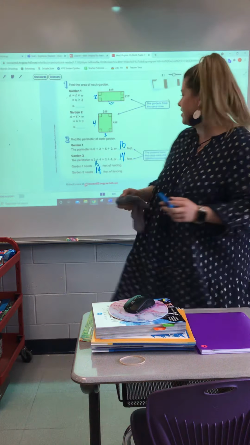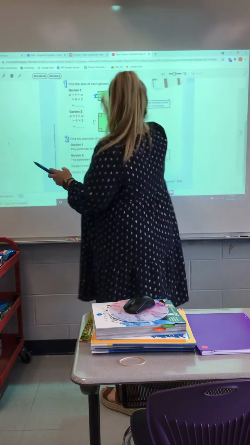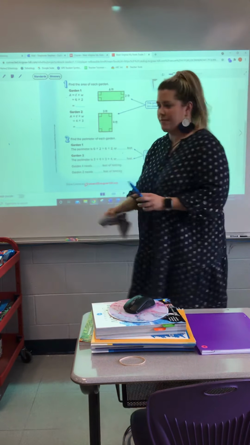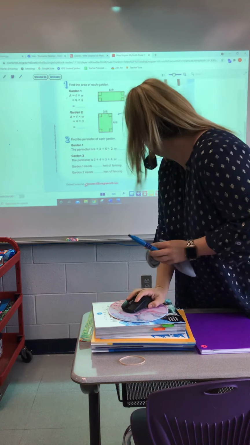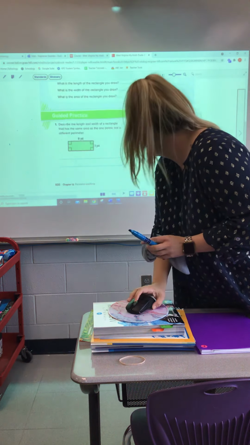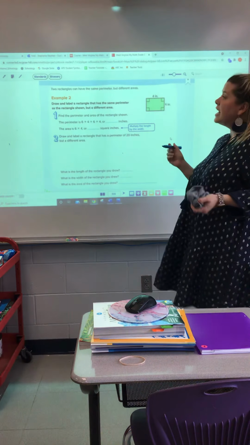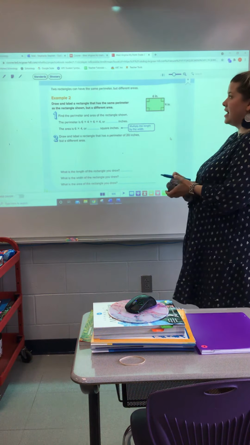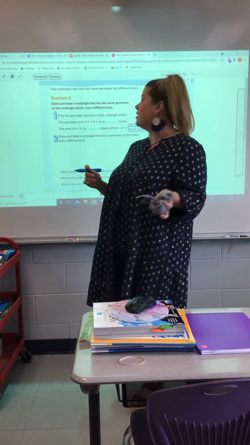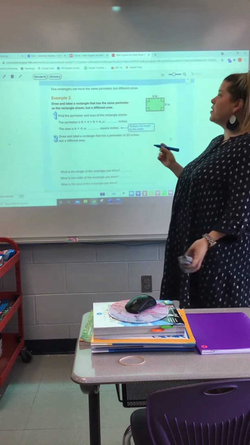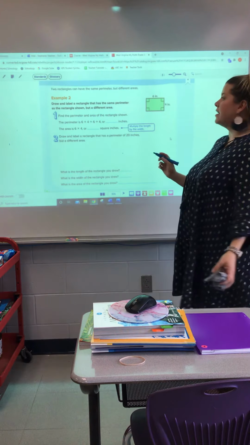All right, let's try another. Go ahead and turn the page, and let's look at the top. It says, draw and label a rectangle that has the same perimeter as the rectangle shown, but a different area.